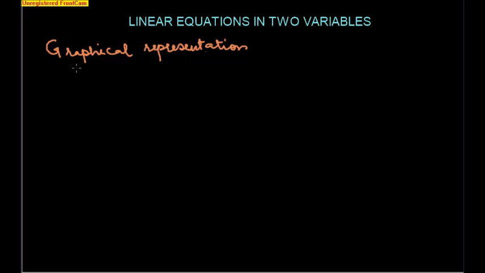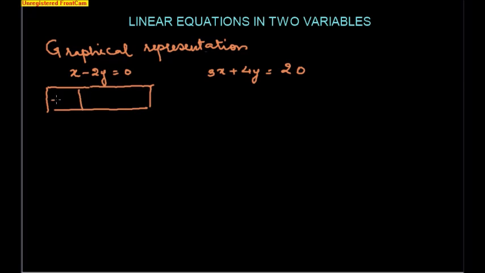Let's take an example. I take x minus 2y is equal to 0 and 3x plus 4y is equal to 20. If I find the solutions of the first equation, I see that if x is 0, then y is 0. If x is 2, y is 1. Similarly I find the solutions of the second equation.